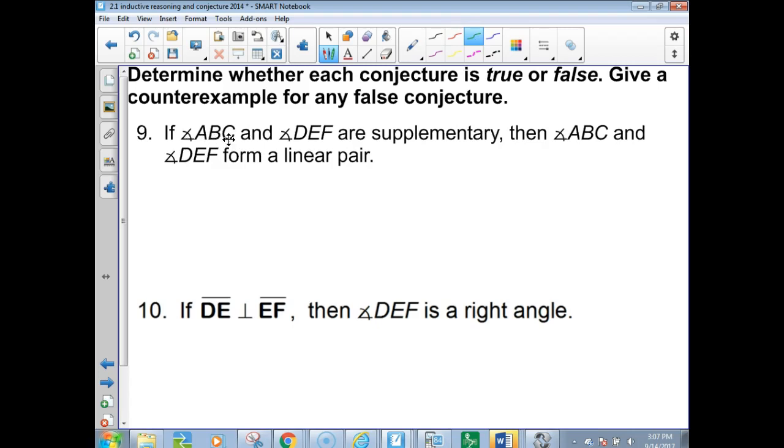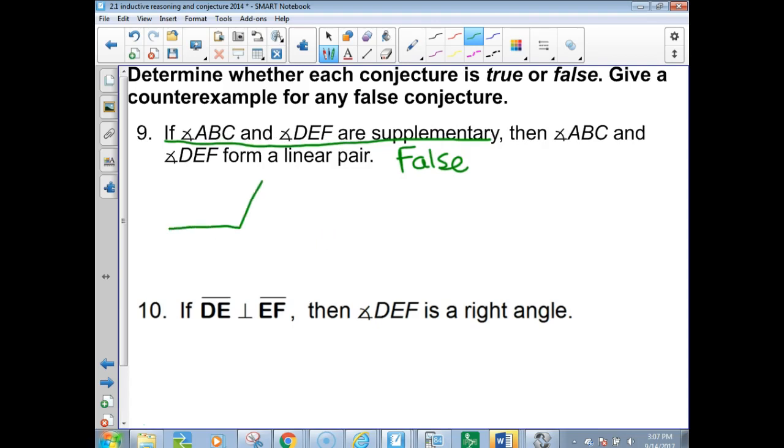All right, I've got angle ABC and DEF supplementary. So I'm going to draw something that makes this true. Supplementary angles. Oh, wait a minute. It says I have to draw it so that they form a linear pair. Do I have to do that? No, this is false. This is false because I can have two angles be supplementary.